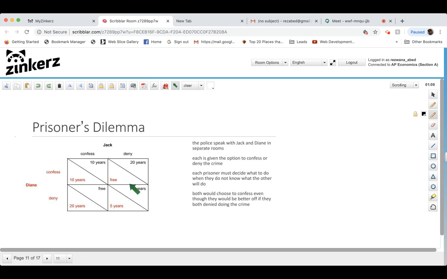So in this game right here, we have two players, Jack and Diane. They have been arrested and put in prison. Let's say they're members of some kind of criminal cartel or whatever. They have been put in separate interrogation rooms, and they've been given some choices.